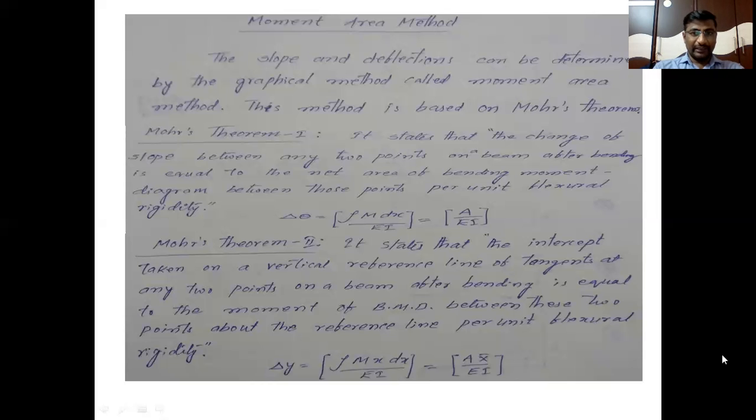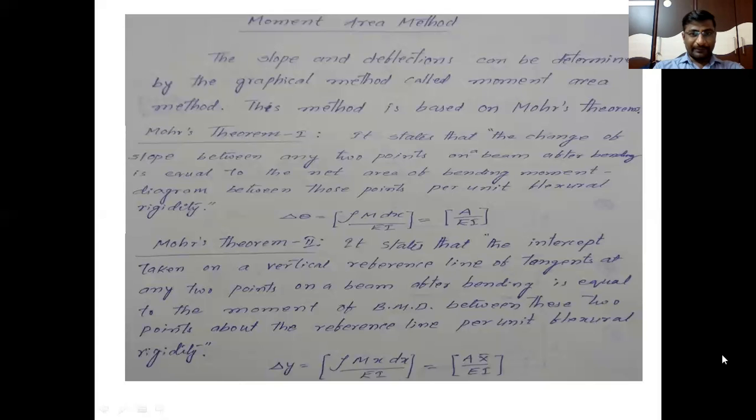So it gives the moment of the bending moment diagram. Moment of bending moment diagram means the first moment of area of the bending moment diagram about a reference line. First moment of area is area into distance of its CG from a reference line.